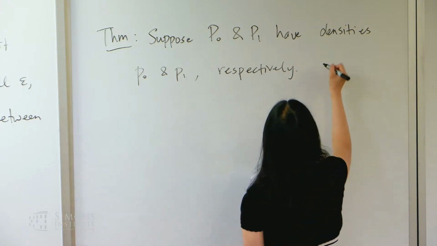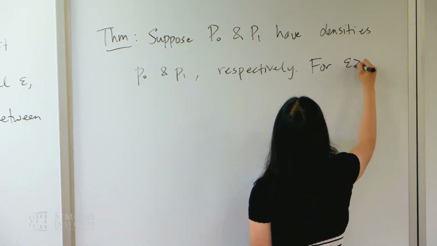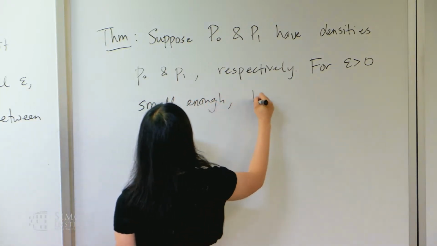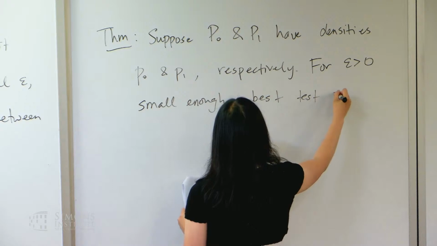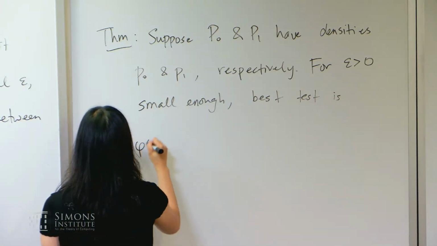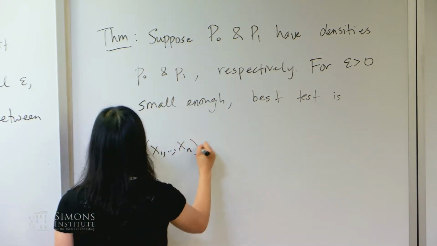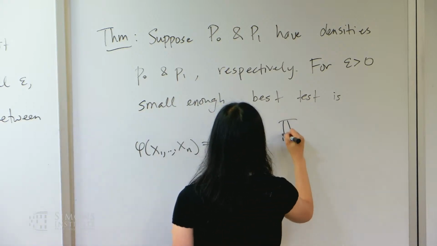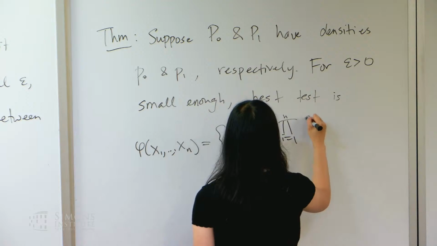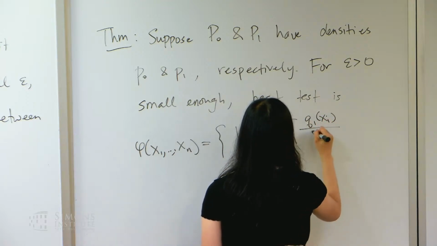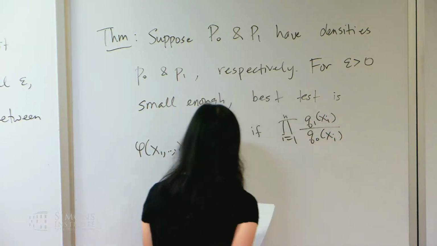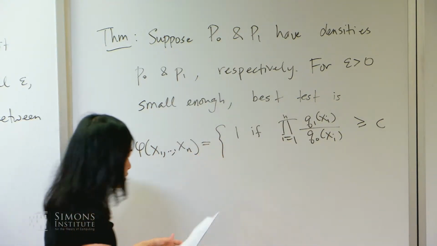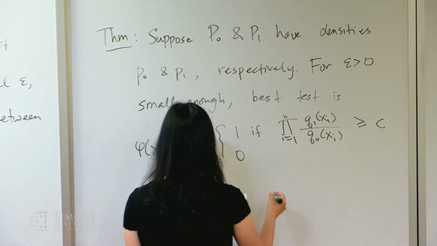Then for epsilon greater than 0, small enough, the best test is of the form phi of x1 up to xn equals 1 if, so it's a likelihood ratio test, the product from i equals 1 to n of the least favorable densities q1 over q0 is bigger than some threshold. You reject the null hypothesis if so, and otherwise you do not.